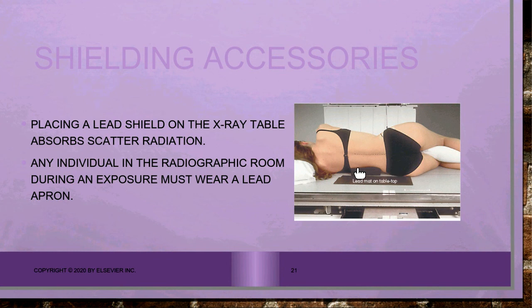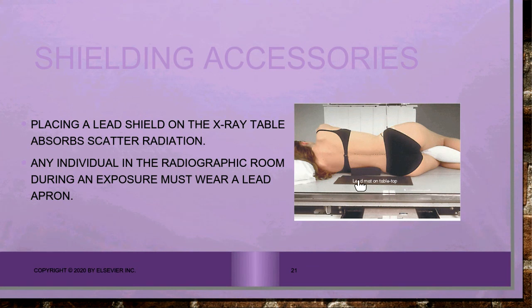And because there is a lot of scatter created in the abdomen, especially the spine of a patient because of the thickness and the radiopaque material in there, like your spine and the pelvis and things like that, if you were to place a lead shield behind the patient on the X-ray table, it would absorb some of the scatter radiation created and not allow it to strike your image receptor. Okay, so this is just another way to help limit scatter that's produced in the patient from reaching your IR.